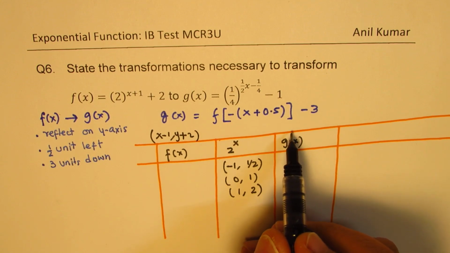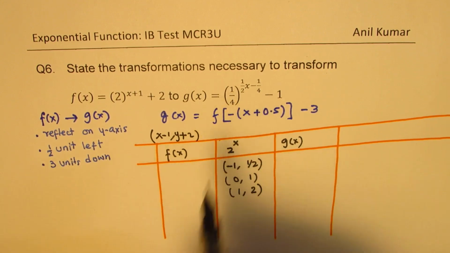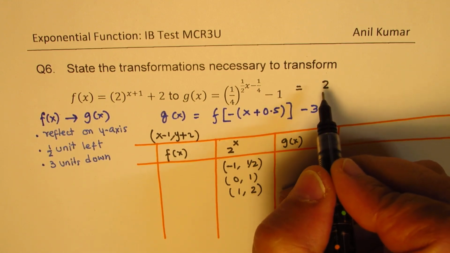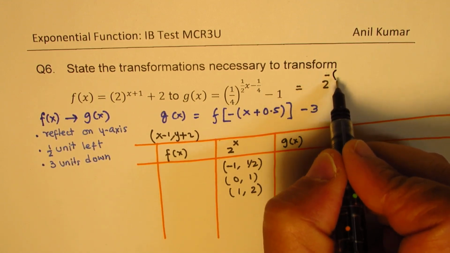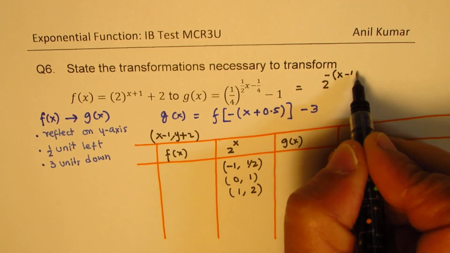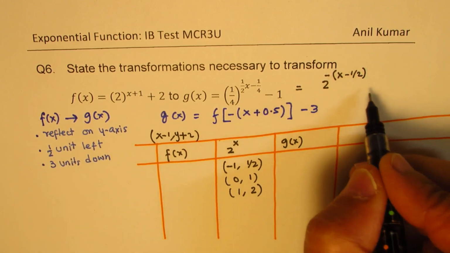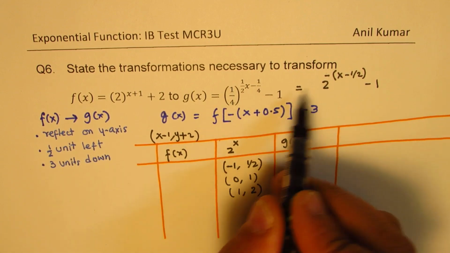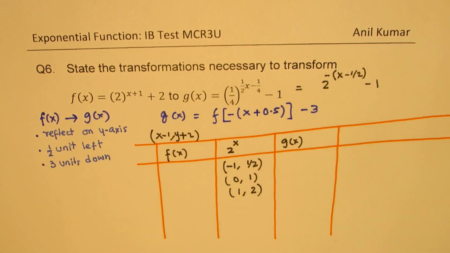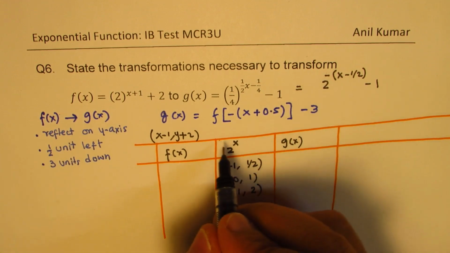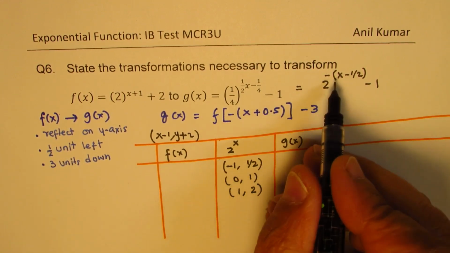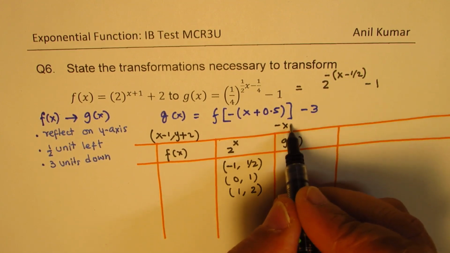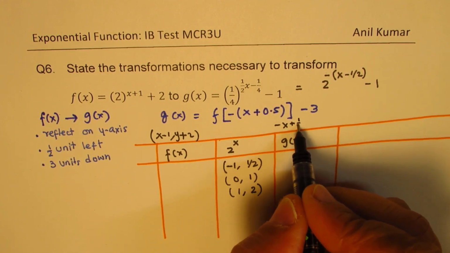As far as g of x is concerned, let me rewrite this as 2 to the power of minus x minus half minus 1, correct? So 1 over 4 is 2 to the power of minus 2, and you multiply, you get this. From here, the transformation is that the x points get reflected, and then you add half.